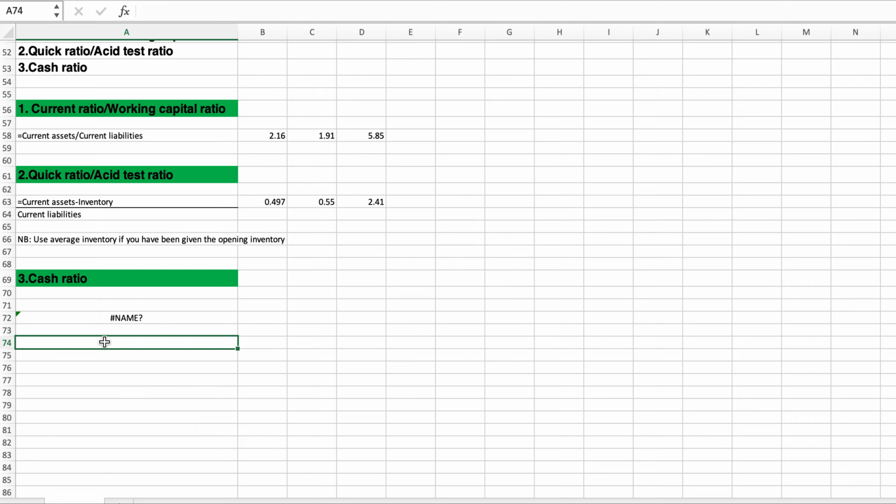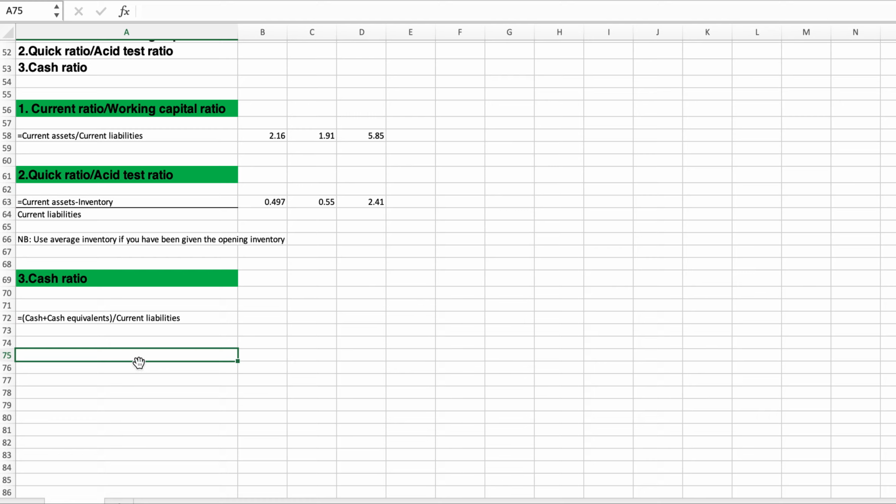So we know cash, but how will we get the cash equivalents? Cash equivalents are like investment incomes. All those short-term investments that fall under current assets are classified as cash equivalents.